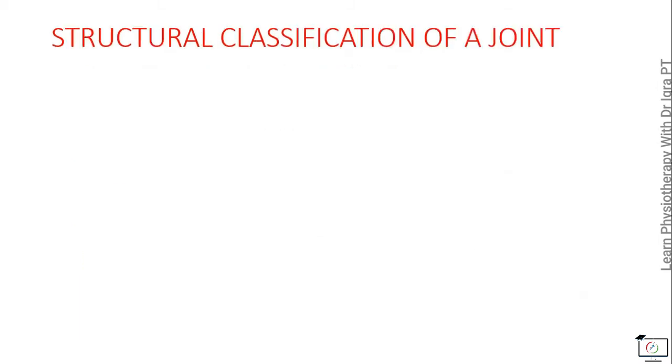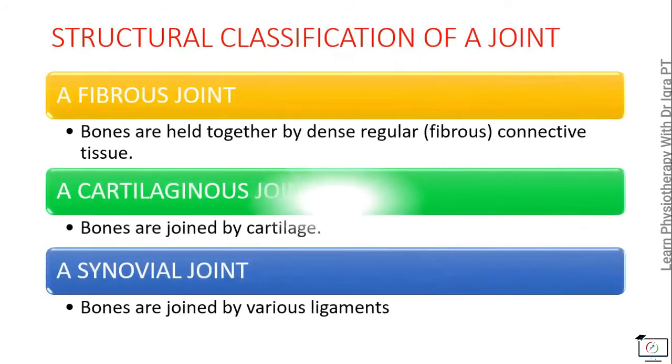In the structural classification, there is a fibrous joint in which the bones are held together by dense regular connective tissue, and a cartilaginous joint in which the bones are joined by cartilage. The synovial joint has bones joined by various ligaments.